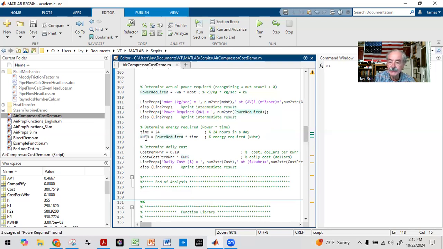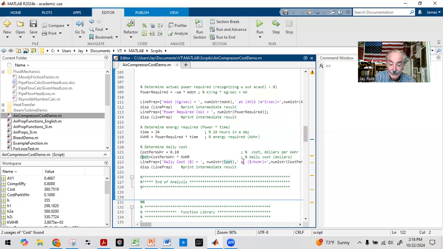So that's how many kilowatt hours it takes. And we were given in the problem statement cost per kilowatt hour. So my MATLAB variable name is cost per kilowatt hour, all strung together, equals 0.1. That's dollars per kilowatt hour. Okay, so the cost now, MATLAB variable named cost, equals cost per kilowatt hour times kilowatt hours, or daily cost.